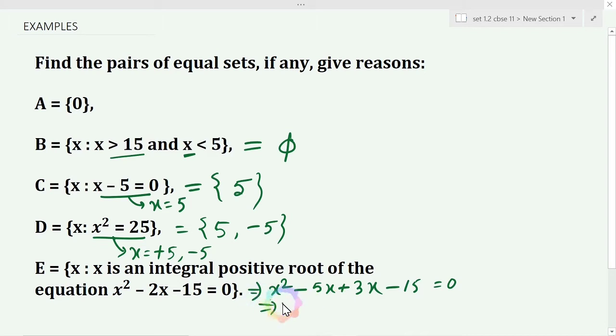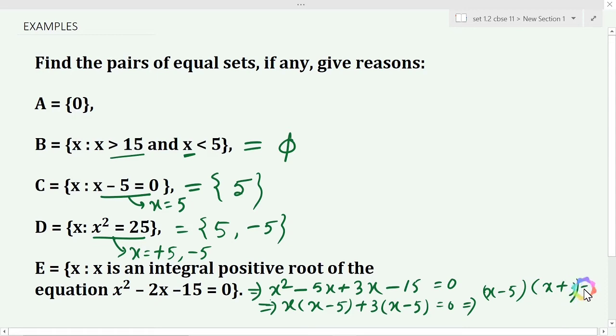If we take x common from the first two terms and 3 common from the last two, we get x minus 5. So after solving we get (x minus 5)(x plus 3) equals 0. So the solution of this equation is x equals 5 and minus 3, but E contains only positive roots. So E equals {5}.